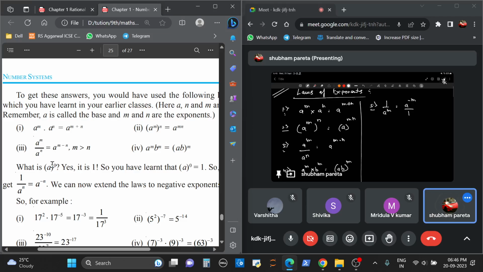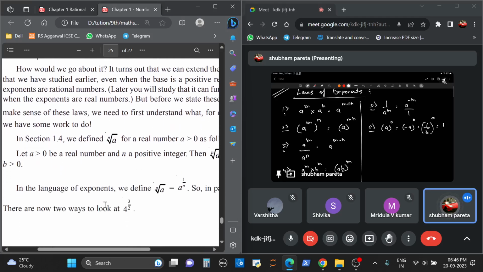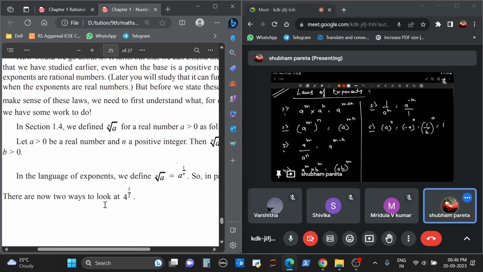Fine. Sixth property, anything raised to the power 0 will equal to what? 1. वो किसके बराबर हो जाएगी? वो 1 के बराबर हो जाएगा. So this is also one of the next properties which we are having over here, isn't it?